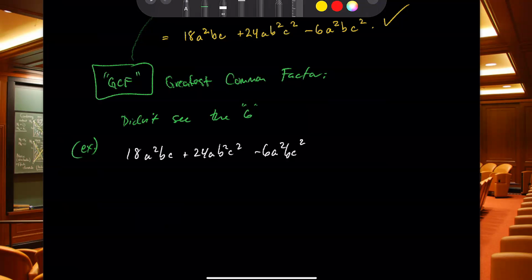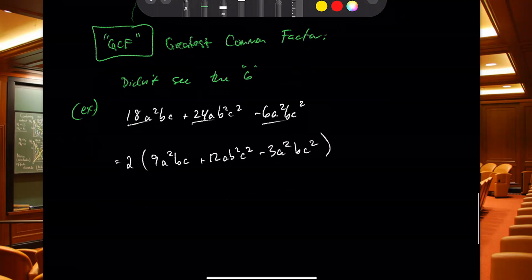So let's say you didn't see that there was a factor of 6, but I saw that they were all divisible by 2 because they're all even. If I just pull out a 2 and start with that, because maybe it's a lot to handle, minus 3A squared B C squared.